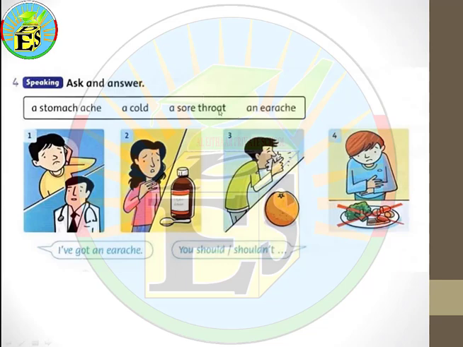On the same picture, there is a bottle of medicine. The girl says, I've got a sore throat. Then, she should take some medicine. Picture number 3. This boy seems to be really ill. And on the other side of the picture, there is an orange. This boy says, I've got a cold. Then, he should have an orange.